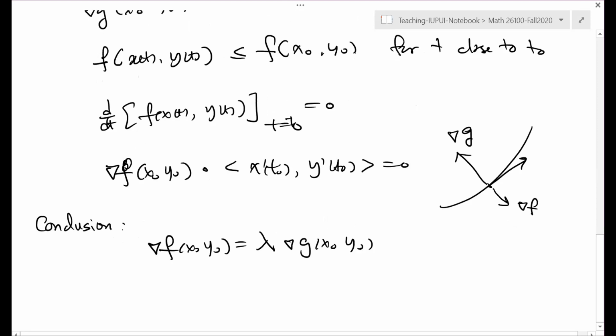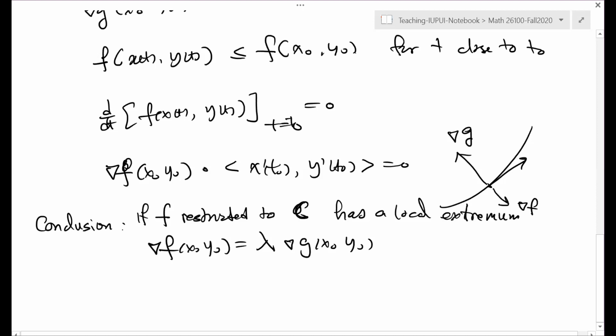If the function f restricted to the curve C has a local extreme value at a point on the curve C, then you have this identity.